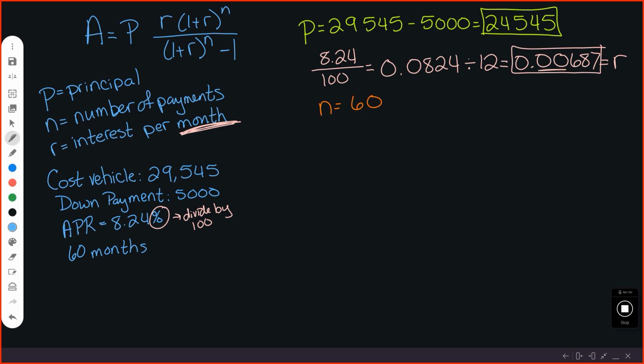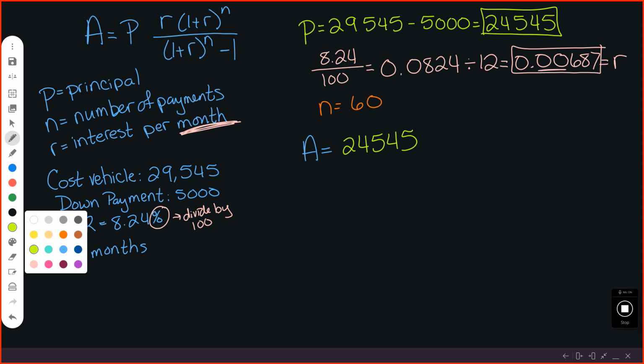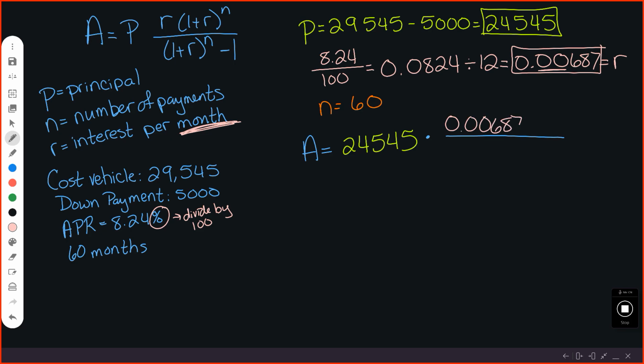All right, so I'm going to write A equals 24,545 times R, 0.00687, times 1 plus 0.00687.